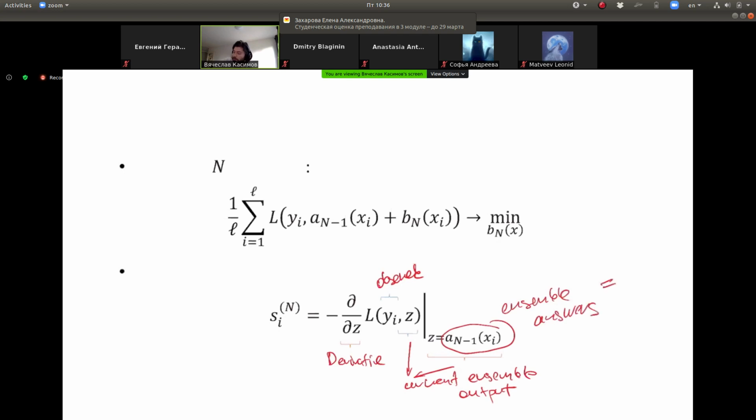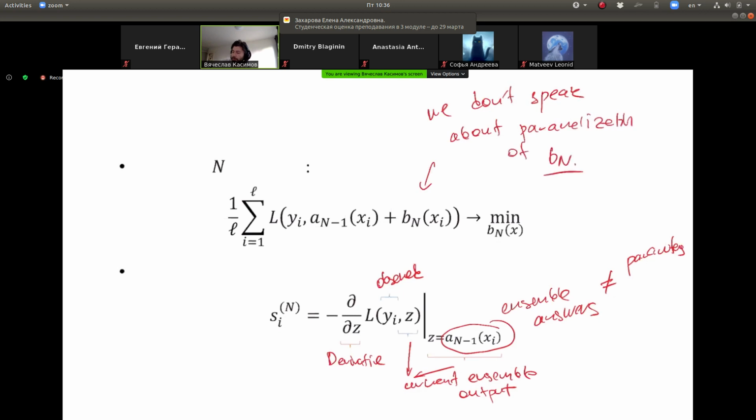And let me emphasize: not parameters. Here you can see that we don't speak about the parameterization of B. We only care about the output space.